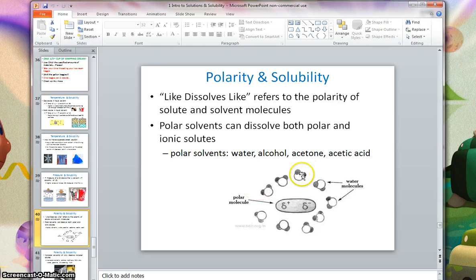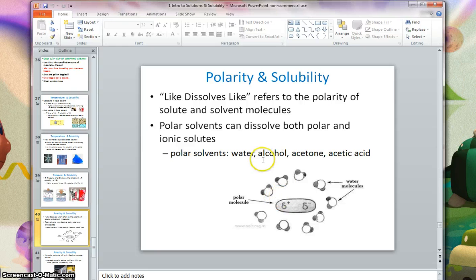Polarity is when one molecule has two sort of poles, like a positive side and a negative side. This has to do with electrons. Some electrons are hanging out more on the right side, hence this side will be more negative than the left.